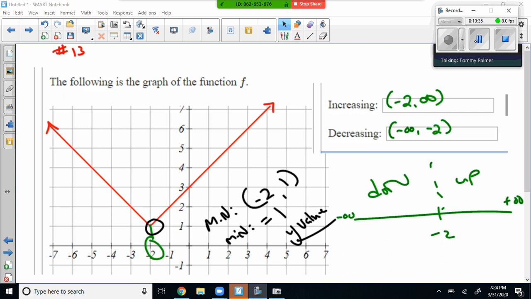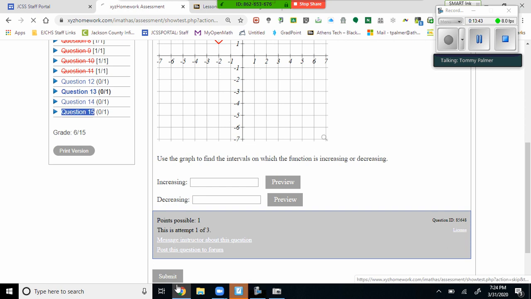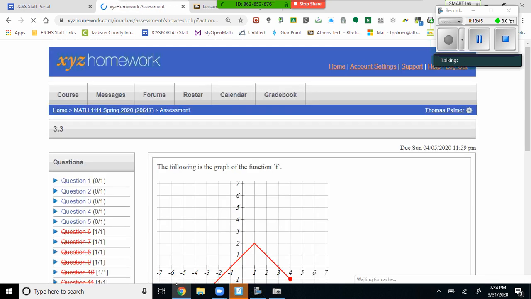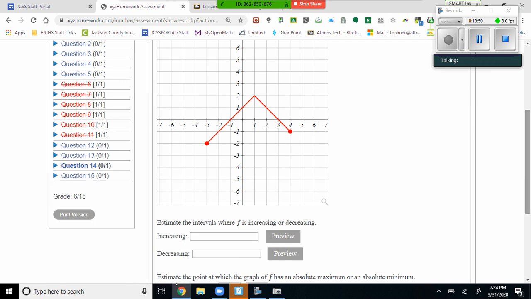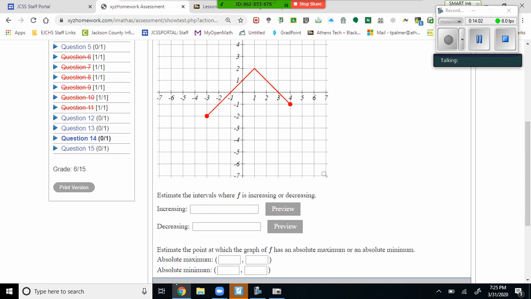Let's see what number 14 has. They would have brackets at -3 and 4. Okay. See how those are endpoints here? Well, you can't see it because I haven't moved it over to you.